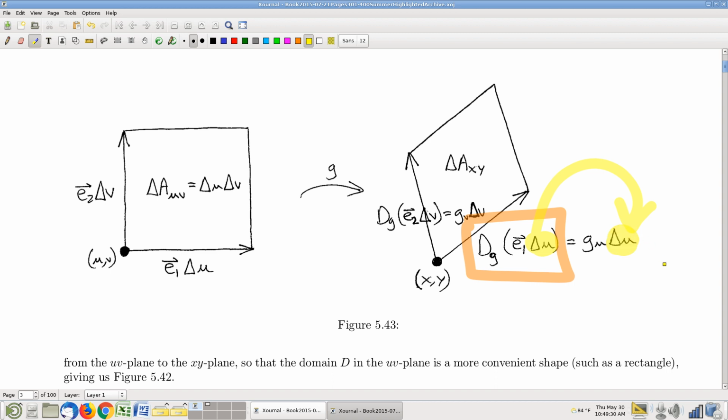Derivative transformation acts on a standard basis vector and gives you a partial derivative. You can think of that as a two-step process, if you like. Derivative transformation on a vector gives you a directional derivative. A directional derivative with velocity being a standard basis vector is a partial derivative.